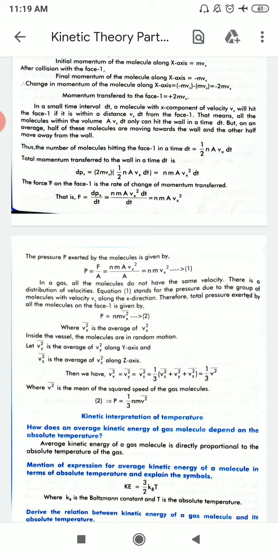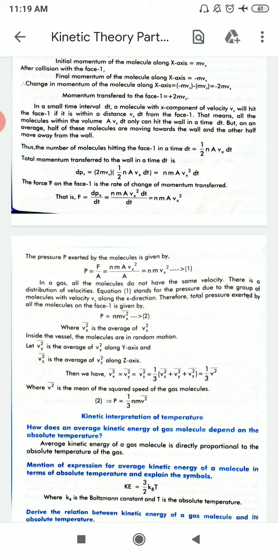The average kinetic energy of a gas molecule is directly proportional to the absolute temperature, because as temperature increases, the average kinetic energy of the molecule also increases.